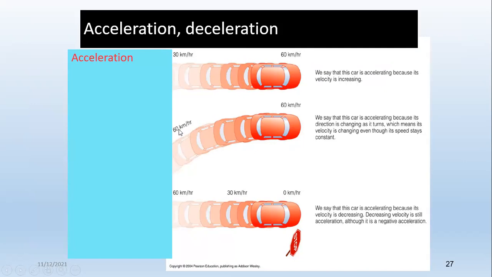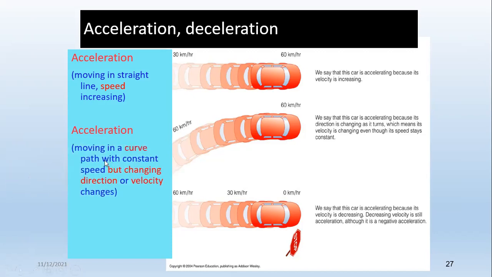Remember, as long as the direction changes, velocity changes. Here, speed is increasing, so it's accelerating. This one is also accelerating, because acceleration is a vector. So we don't look at the speed, we look at velocity. Even though the speed is the same, the direction of velocity changes, so it's accelerating.